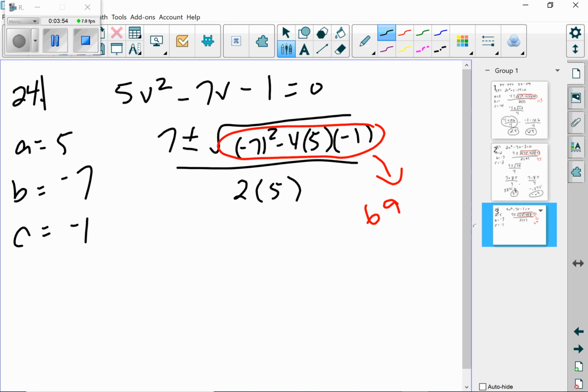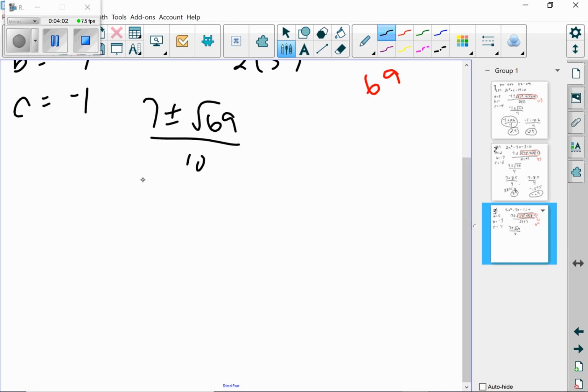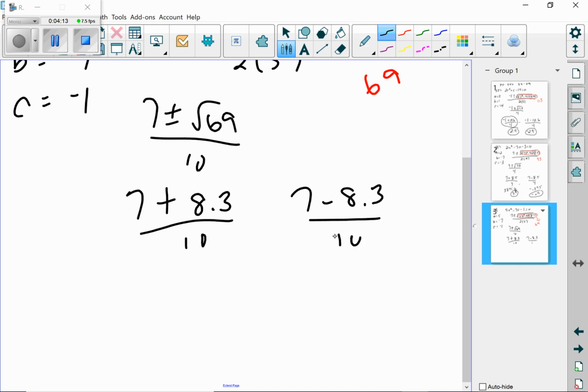So I got 7 plus or minus the square root of 69 over 10, which is going to equal 7 plus, my decimal is 8.3 over 10. 7 minus 8.3 over 10. This is 15.3 divided by 10.